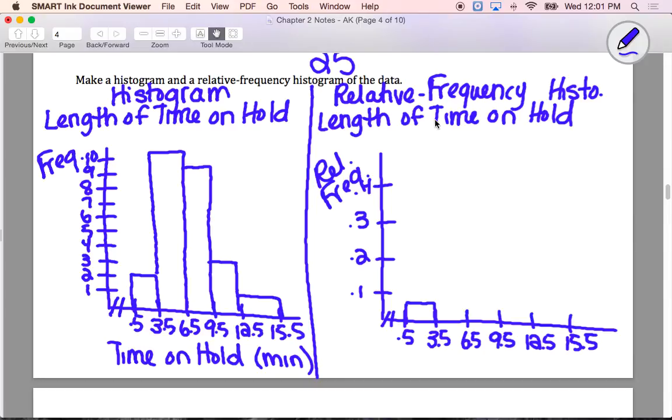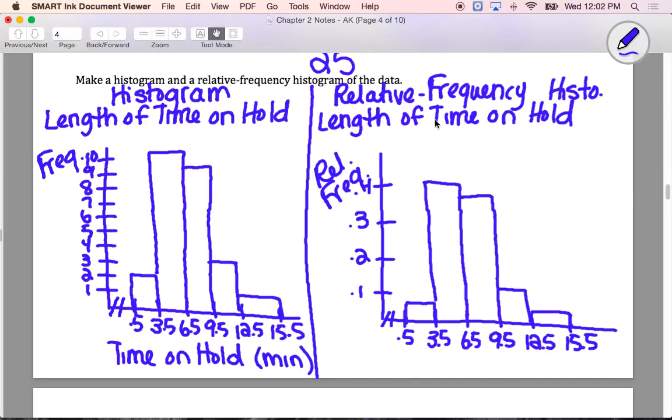Next one is 0.4. Then we've got 0.36, 0.12, and then we've got 0.04.